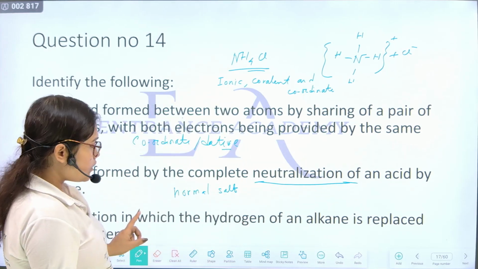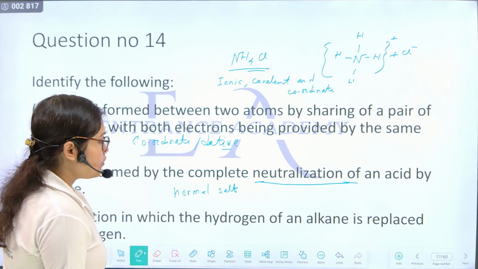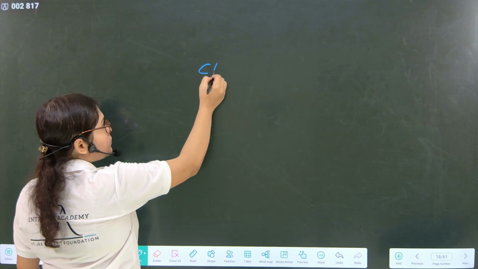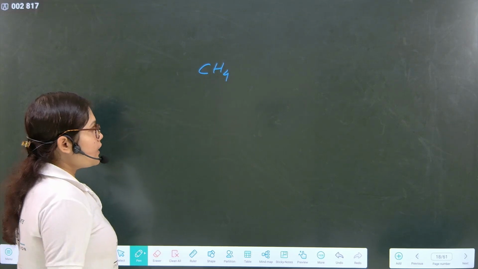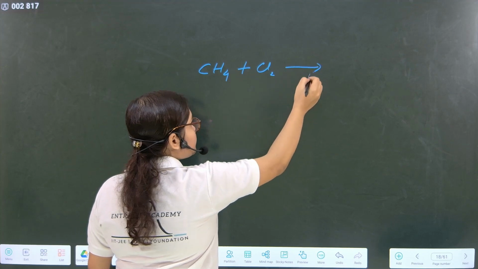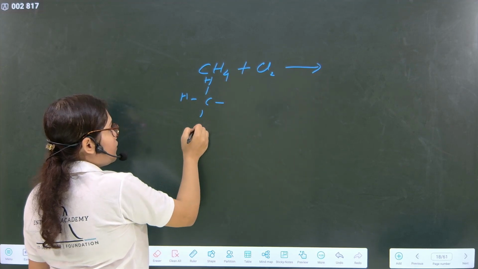A reaction in which the hydrogen of an alkane is replaced by a halogen. This is an alkane, the structure of methane.